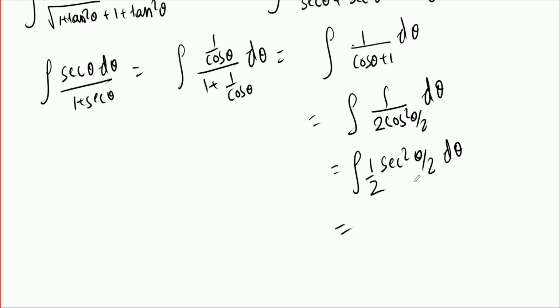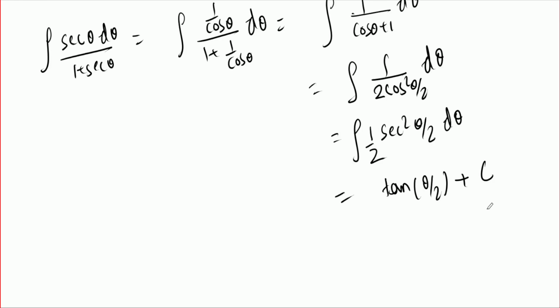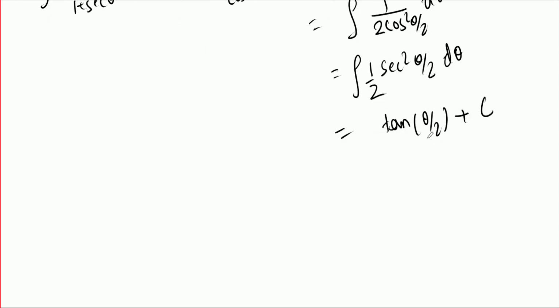And the integration of 1 by 2 sec square theta by 2 is basically tan theta by 2 plus c, right? And we had substituted x equal to tan theta, right? So I need to find the value of tan theta by 2.